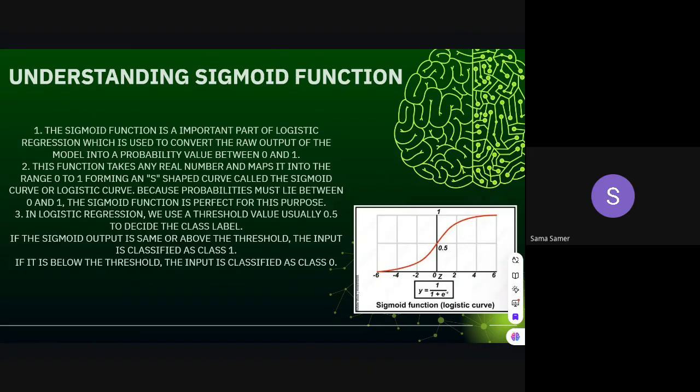If the threshold varies, it can be 0.7 and so on. So what is below 0.7 will be 0, and what is above 0.7 will be 1. If the threshold is 0.3, then what is below 0.3 will be 0, and what is above 0.3 will be 1. But this is according to our problem.